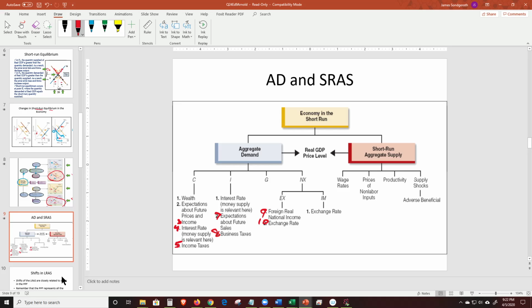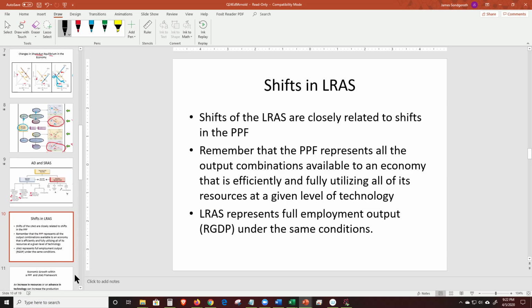Oh, well, there are the 10 shift variables. And on the other side, there are only 1, 2, 3, 4 shift variables. Anyway, they shift around and we get different equilibrium levels of real GDP and the price level.